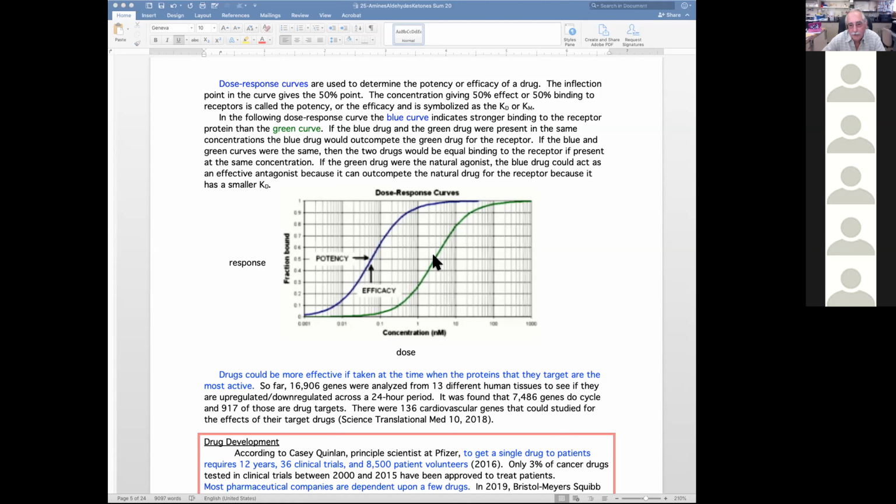So this point of inflection right here is the potency and the efficacy based upon the concentration that you have to use. Then you invented a drug that's going to compete with this natural agonist. And here's the dose curve for the drug. So what do you think? Is this blue one going to be able to outcompete the green one?